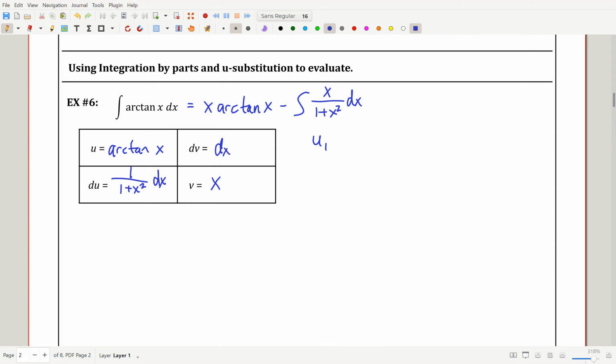So my U1 is 1 plus x squared, which makes my du1 equal to 2x dx. But we don't have 2x dx, we just have 1x dx. So what we really have here is 1/2 of du1.